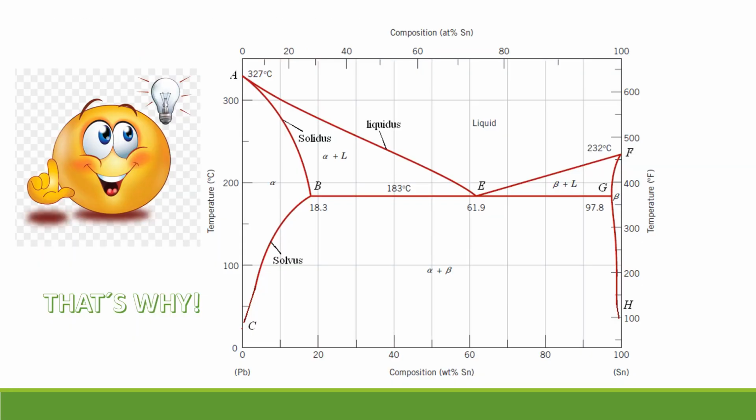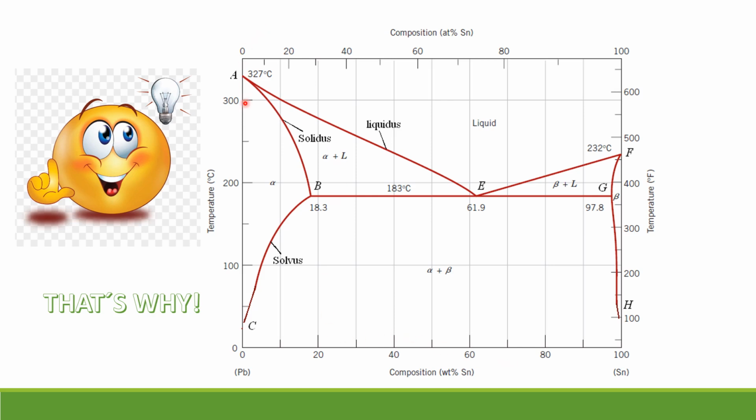Why does it happen? Don't worry about the details of this diagram; we'll come back later to this kind of diagram. But what we see here is that we are representing the composition of the alloy. Here we have pure lead, here pure tin, and in between a certain composition of tin.